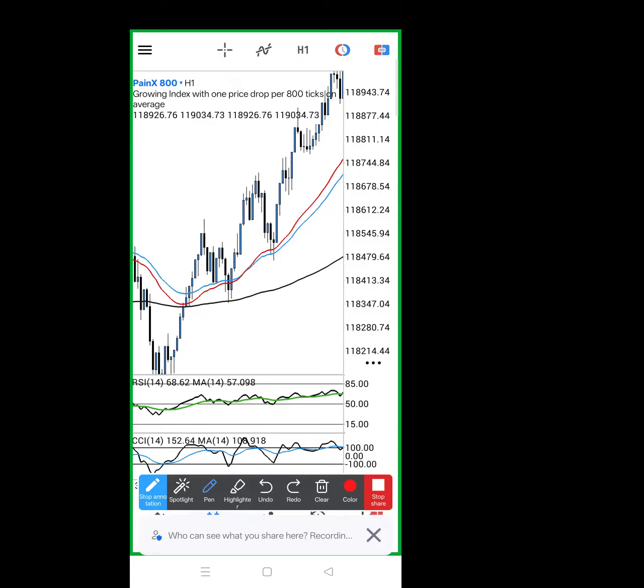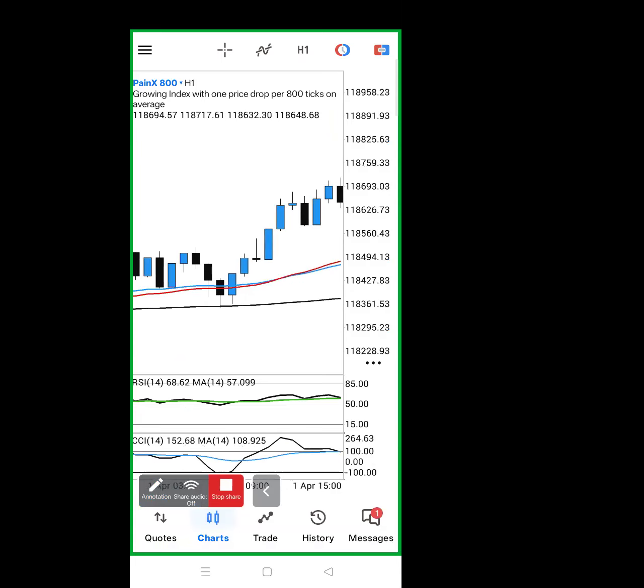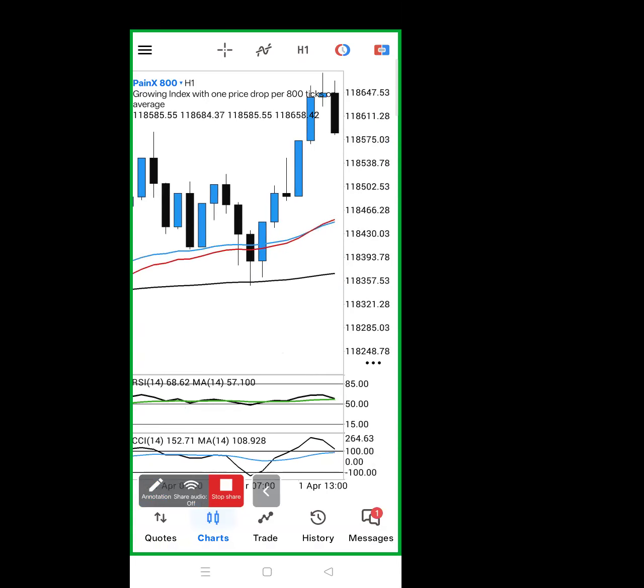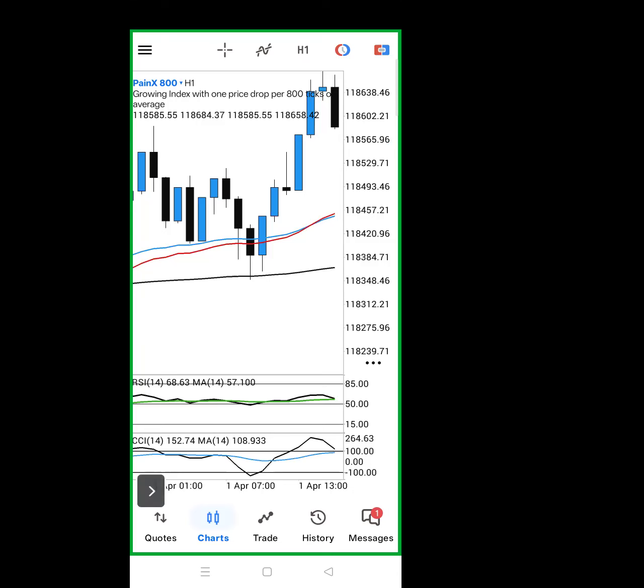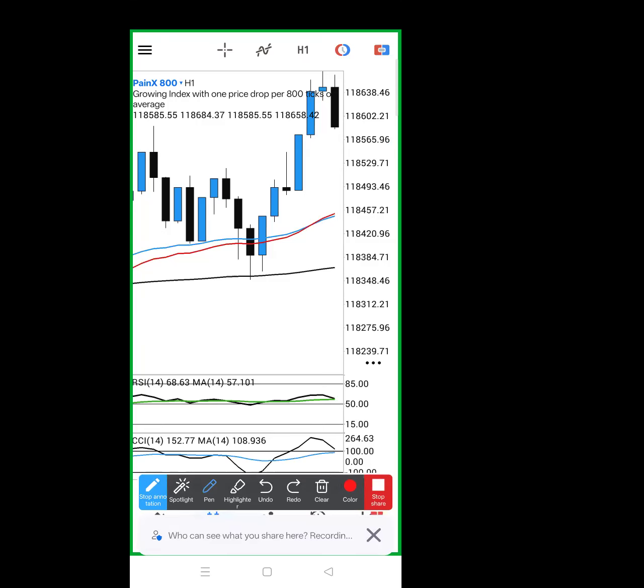So let me expand it. Now I have expanded it. Now you can see that here there is a rejection and there is also an engulfing. Apart from the engulfing, if you've been my ardent follower, you must have heard me talk about this three candle pattern where you have one, two, three candles, the three that I circled.